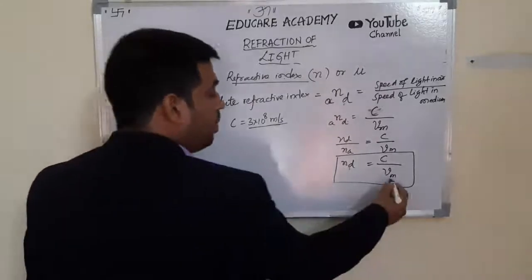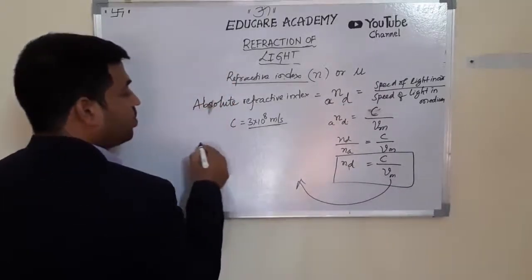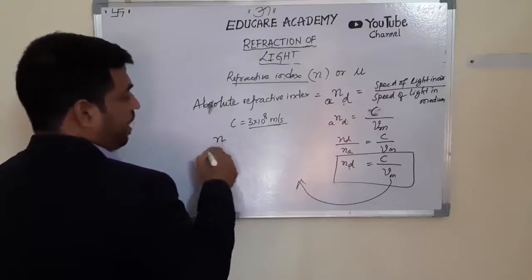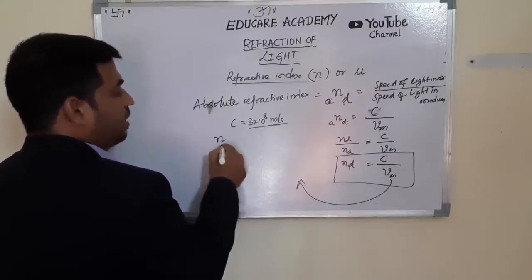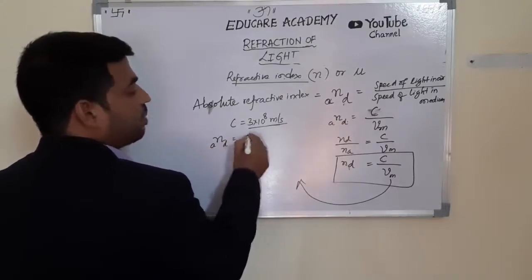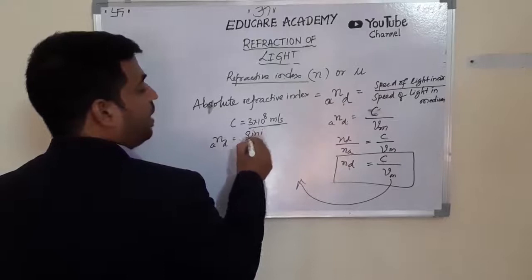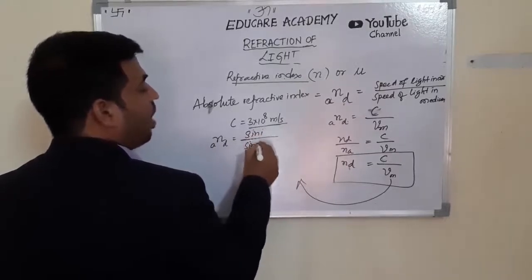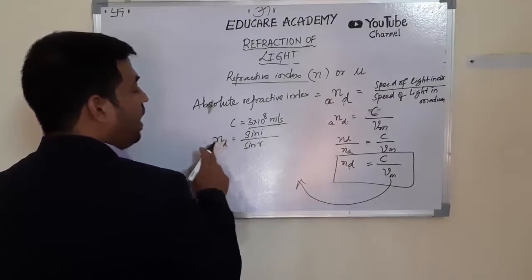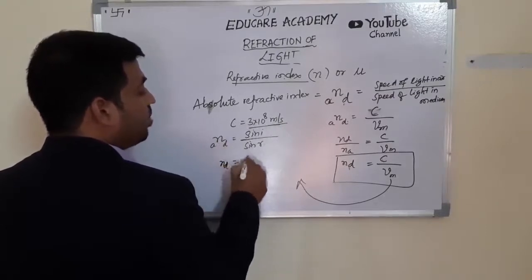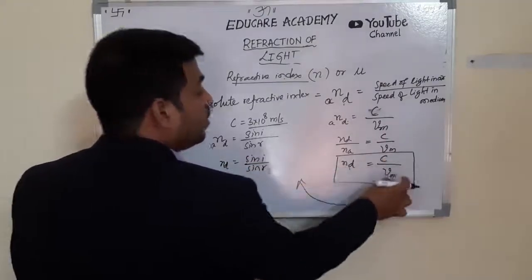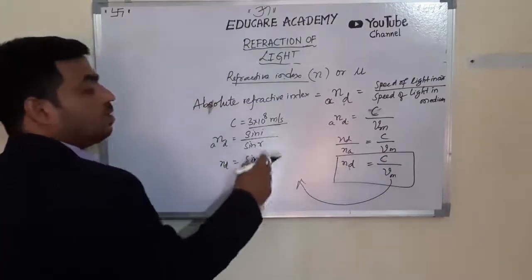Now this can be equated to Snell's law. So Snell's law, we know that the refractive index of any medium, say denser medium, from air medium to denser medium, is sine of i in air divided by sine of r in denser medium. So if you are writing n_AD, it's nothing but ND equal to sin i by sin r. Here ND is equal to C by Vm, and here ND is equal to sin i by sin r.